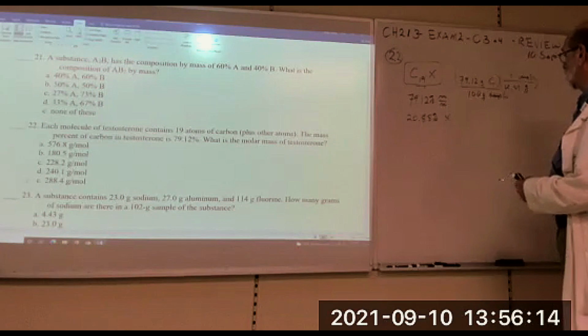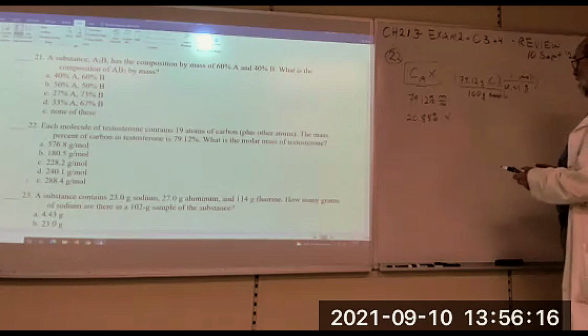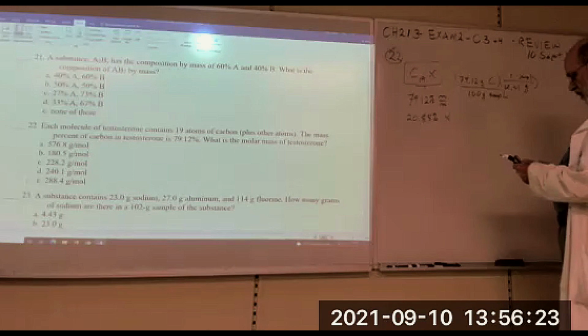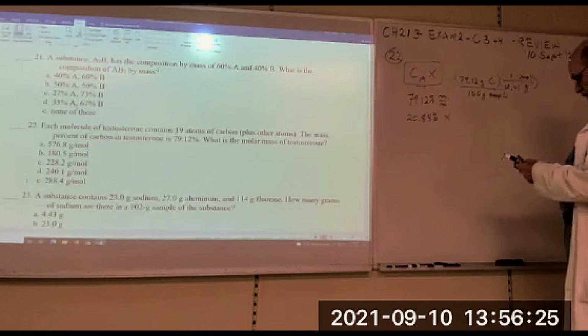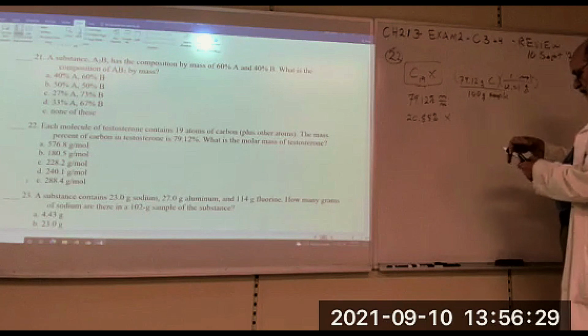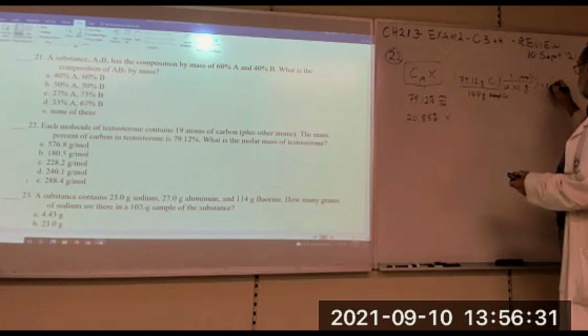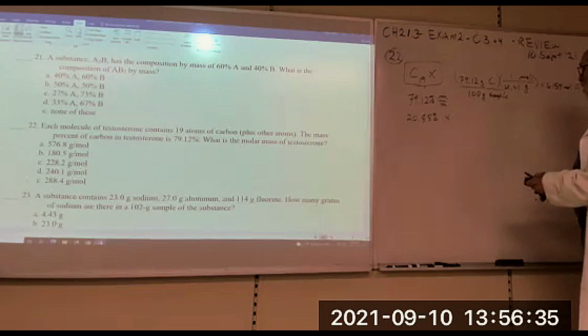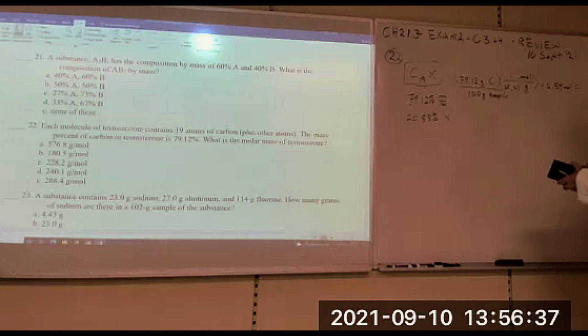Right, if you do have 79.12 grams out of a 100 gram sample, and 12.01 is the molar mass of carbon, that's 6.59. So this is 6.59 moles of carbon in a 100 gram sample.